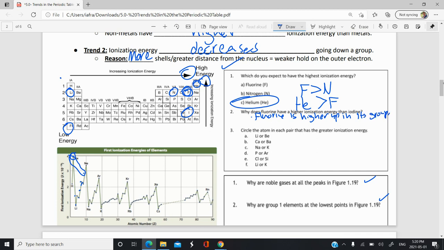So this is answering based on periodic table location. That's what you're answering that based off of. But the second part is explain it with atomic structure.